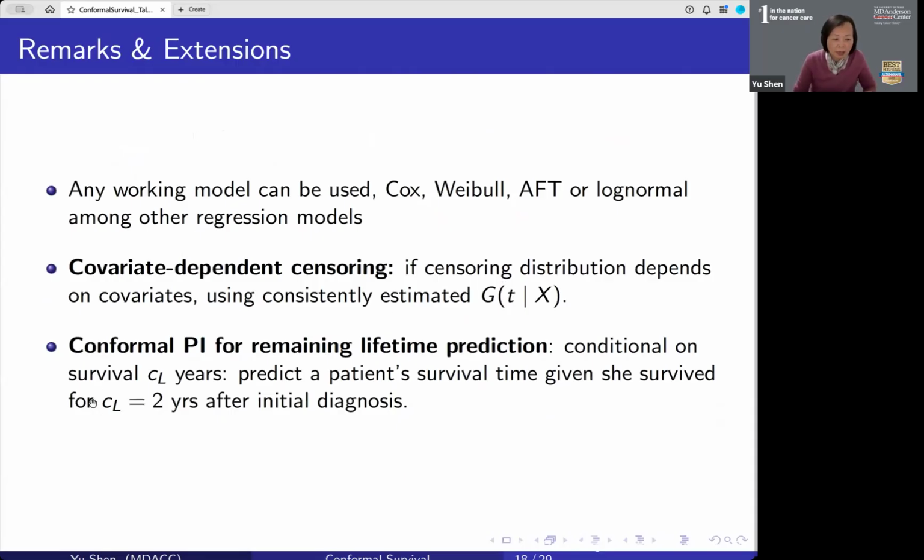So we can also estimate the conformal predictive interval for remaining lifetime prediction.